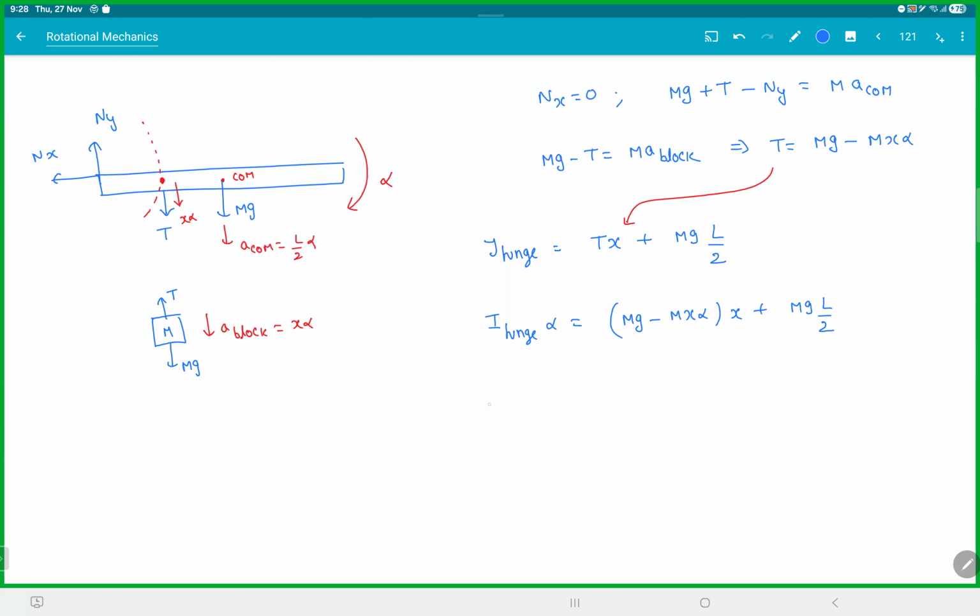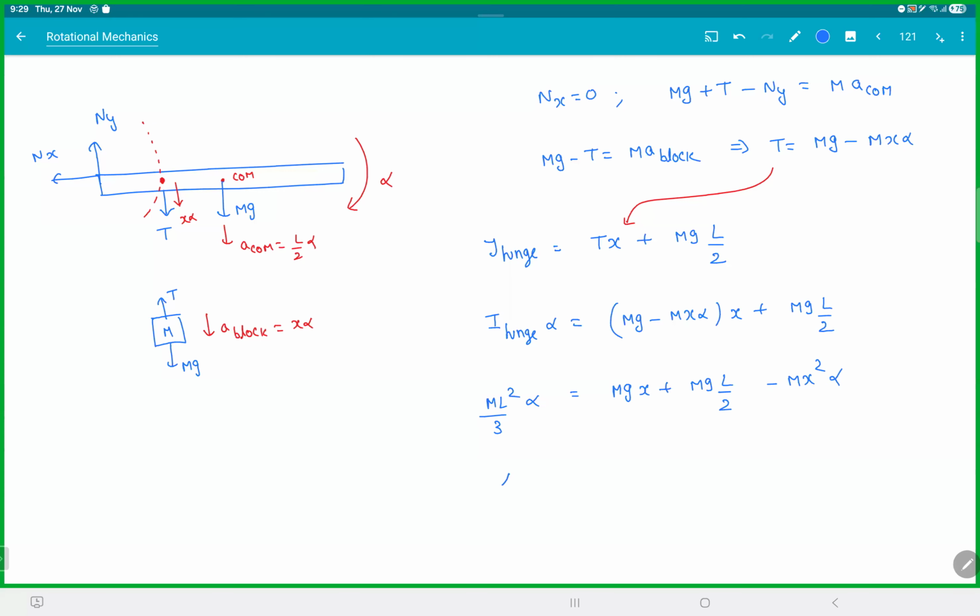What is I about the hinge? ml square by 3. We have taken the rod completely separately. So the block is not attached to the rod. If you ask the rod, what is the block? It will say, I don't know who is the block. All I can see there is a tension. This thing will be mgx plus mg L by 2 minus m x square alpha.